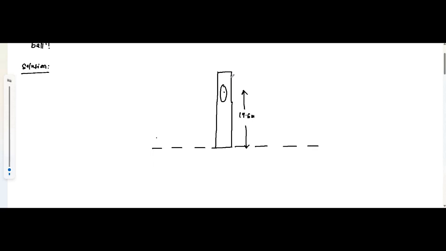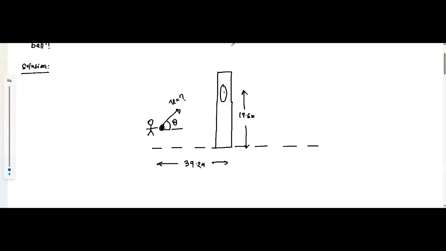A boy stands at a distance of 39.2 meters from the building. He throws a ball with a certain initial velocity, which is asked, and also a certain angle with respect to the horizontal, this theta.